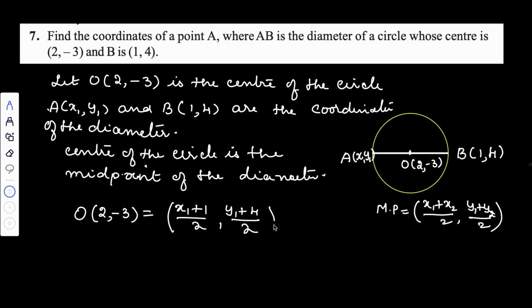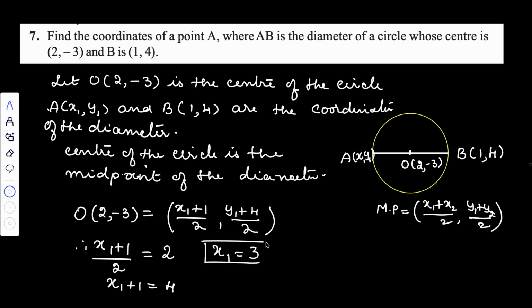Now to get this x1 and y1, to make both the coordinates equal, the x coordinates must be equal, that is (x1 plus 1) by 2 must be equal to 2. Doing cross multiplication, x1 plus 1 is equal to 2 into 2, which is 4. So x1 we are getting 4 minus 1 is equal to 3.